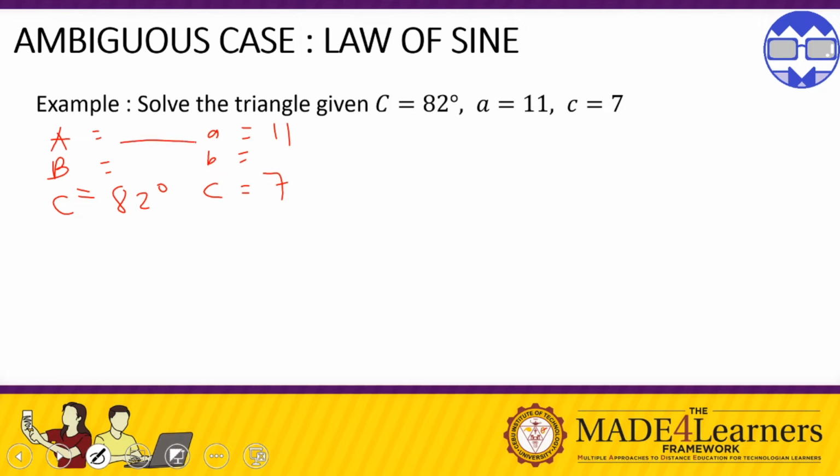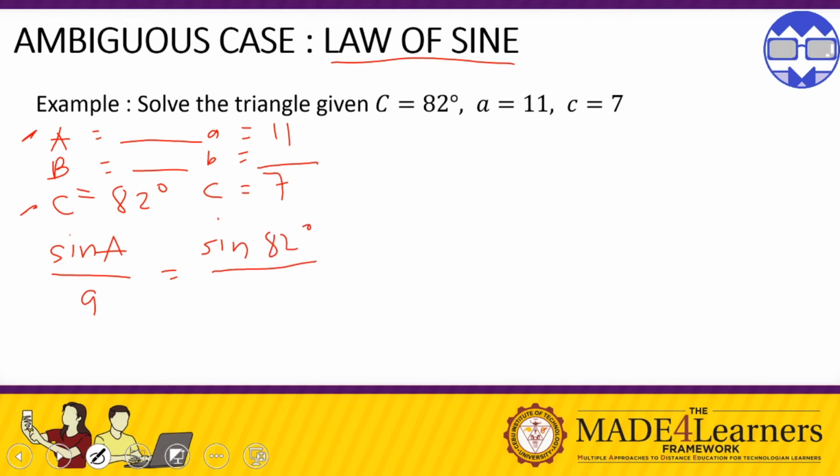Side B is unknown also. Of course this is law of sines. We're sure that this is law of sines because we have a pairing of an angle and a side. So let's try to solve for angle A. Using angle A, we have sine A over A equals sine 82 degrees over 7 here. I'll just do the shortcut.